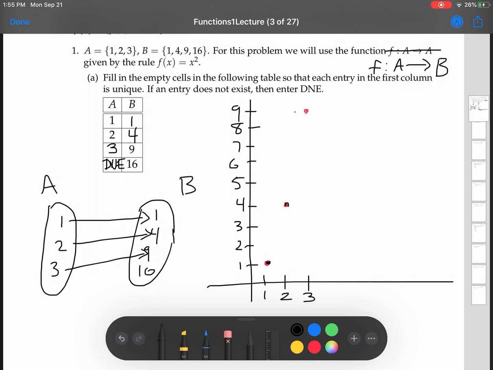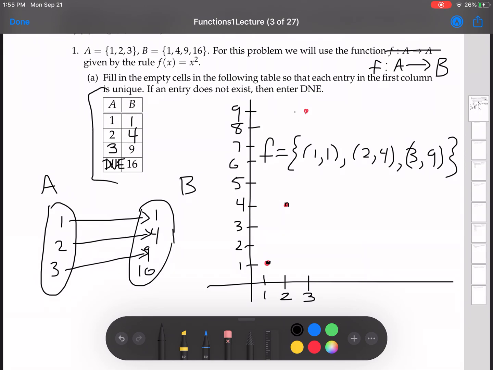Writing this as a set of ordered pairs, you could say f equals (1, 1), (2, 4), (3, 9). And here we have 4 different ways of saying the same thing. We have the set of ordered pairs, the graph, the bubble diagram, and also the table. In this class, in my worksheets, you'll be using the tables more than anything else. I think looking at it in a table makes the most sense.